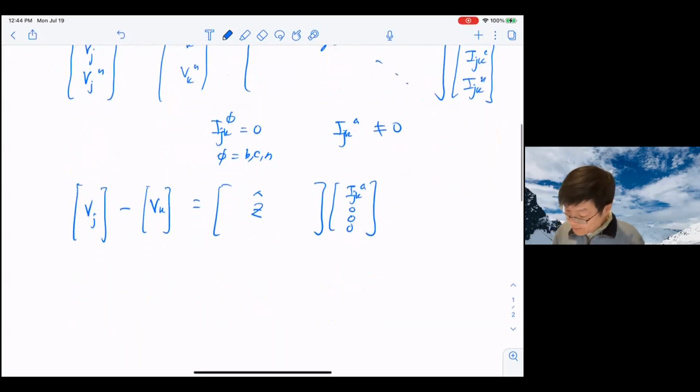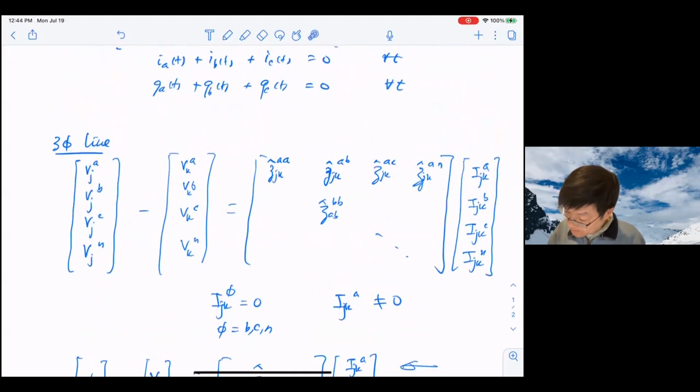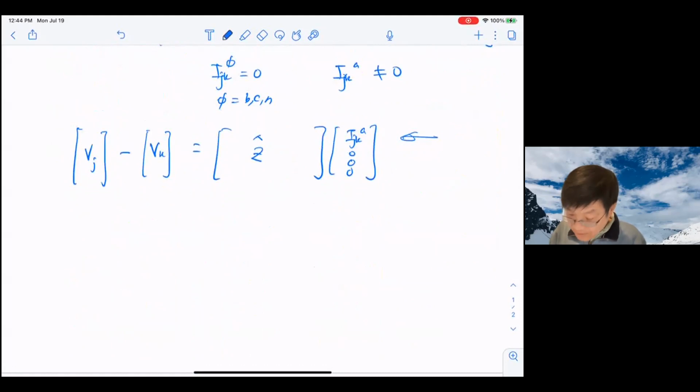Okay. And therefore, if you multiply out on the first row, you get the diagonal entry here. This diagonal entry Z_jk^AA is simply V_j^A minus V_k^A divided by I_jk^A, right?